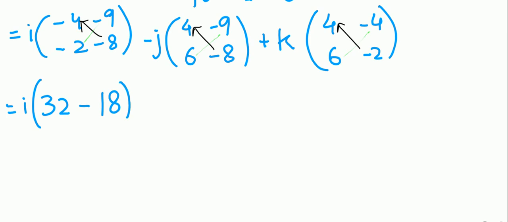this minus right here is part of how you're going to open this. So it's going to be present whenever you're opening this no matter what. Minus j, and the minus with the j is also part of, you can say, the formula of opening.